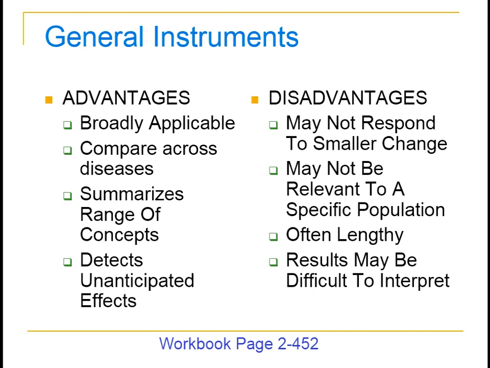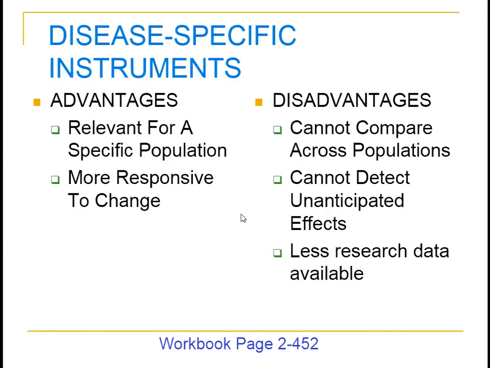They're often lengthy, and the results may be difficult to interpret in that your aggregate score may be the same for two groups, but the particular domains, if they changed in the same magnitude, may be very different for different groups in your profile. So a basic final score may be difficult to interpret.